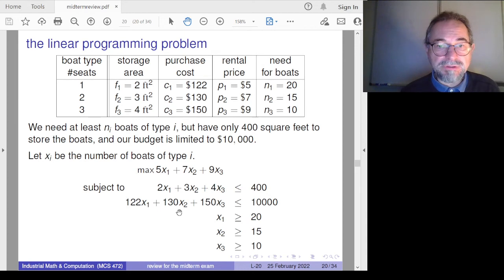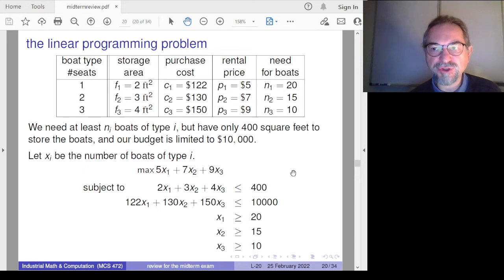These are our first two constraints, of the type less than or equal. Then we have the needs for the boats, 20, 15, and 10. Normally all our variables are positive, but here we have lower bounds.